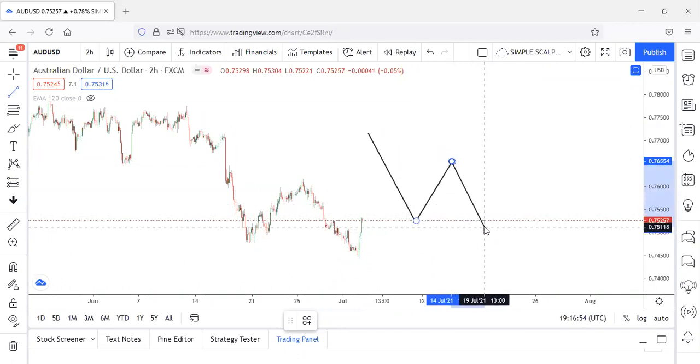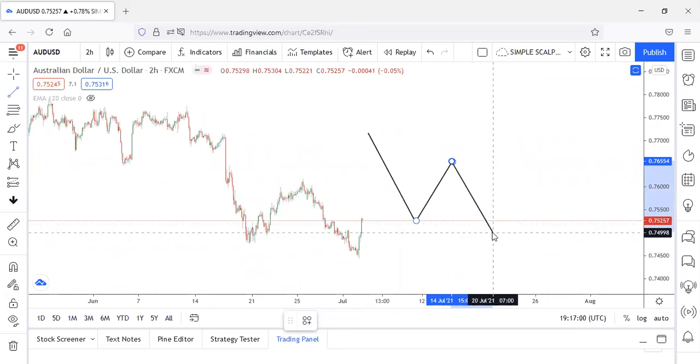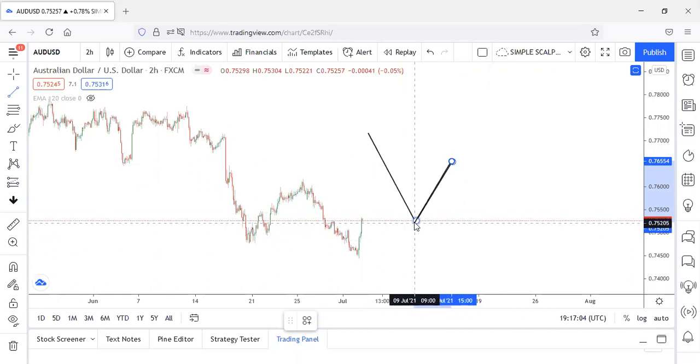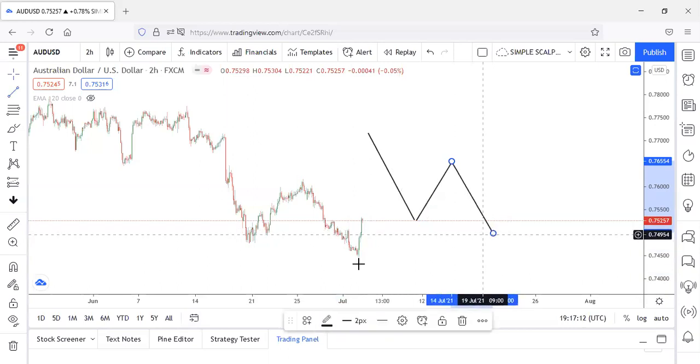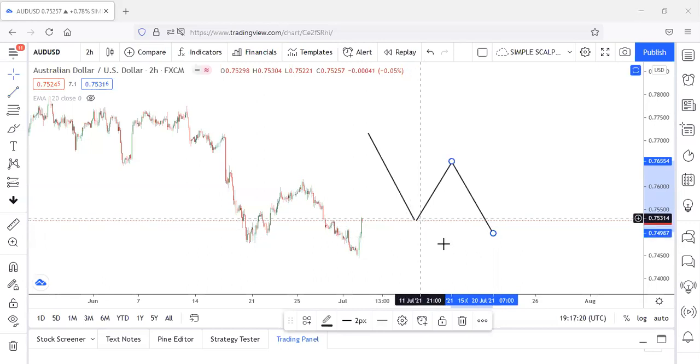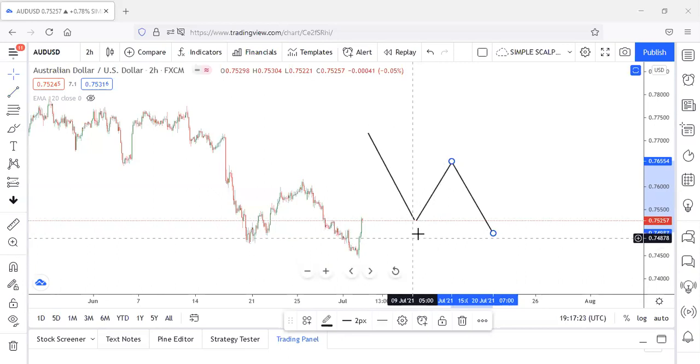From there, you can confirm that this is actually a downtrend move. Until this level gets broken, you can never ever confirm that this is a downtrend.